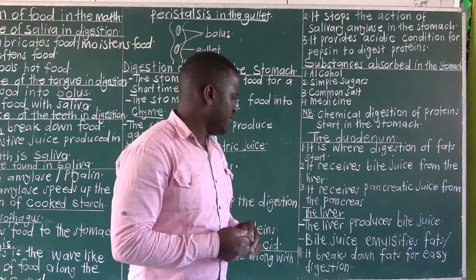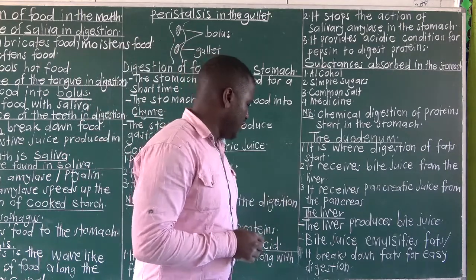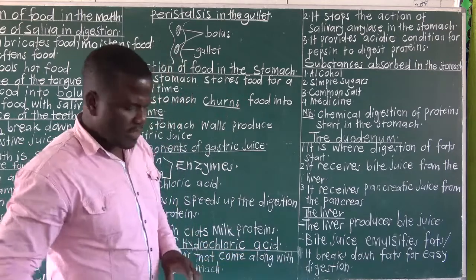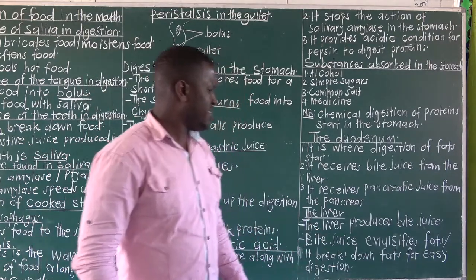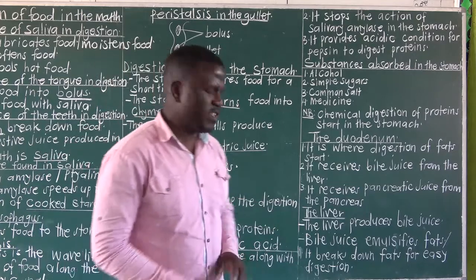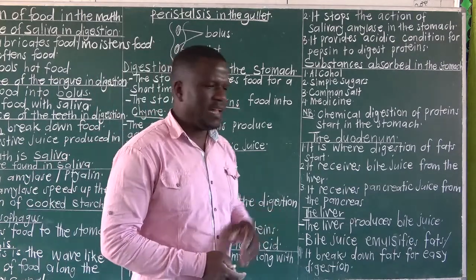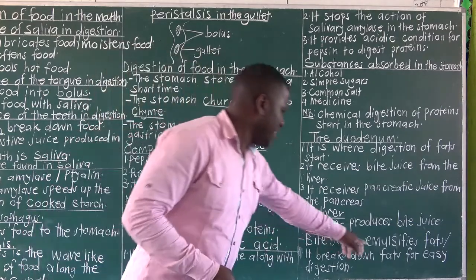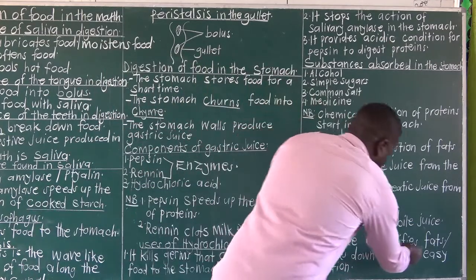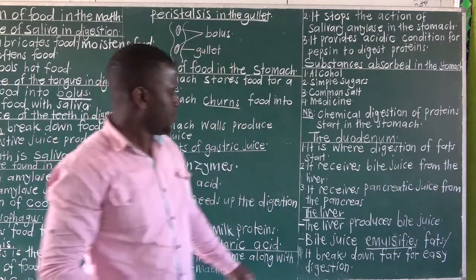Now, let's look at the liver. The liver produces bile juice, and this bile juice emulsifies fats or breaks down fats for easy digestion. To emulsify fats simply means to break down fats into smaller particles for easy digestion.